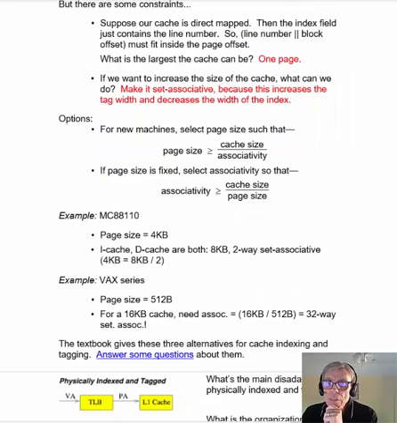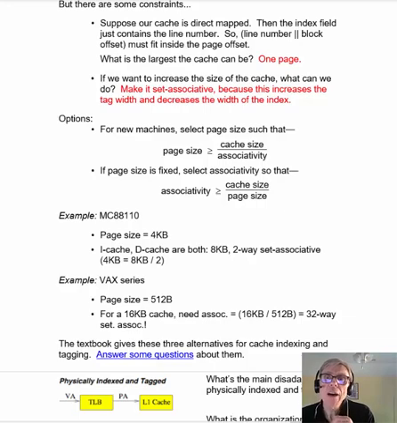Remember that in the example we started out with, we had a direct mapped cache with a 7-bit line field in the last lecture, and then we went to a set associative cache, and those 7 bits were compressed into a 6-bit index field. So as the cache gets more associative, the width of the index field diminishes, and when it becomes fully associative, the index field disappears altogether.